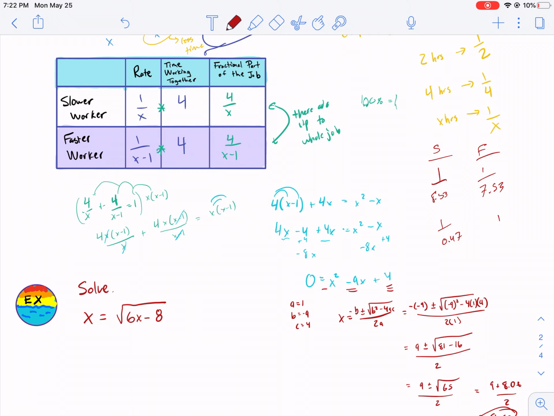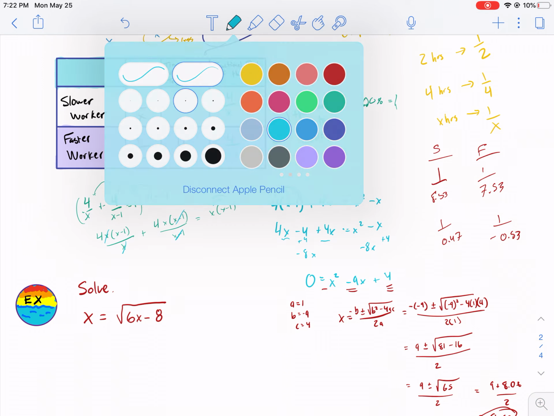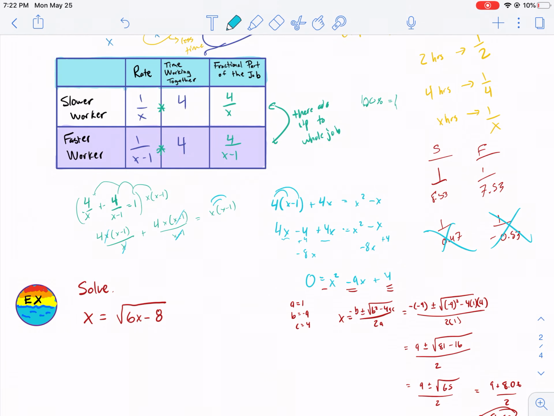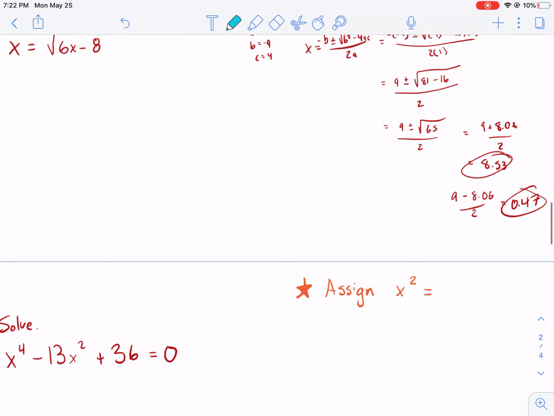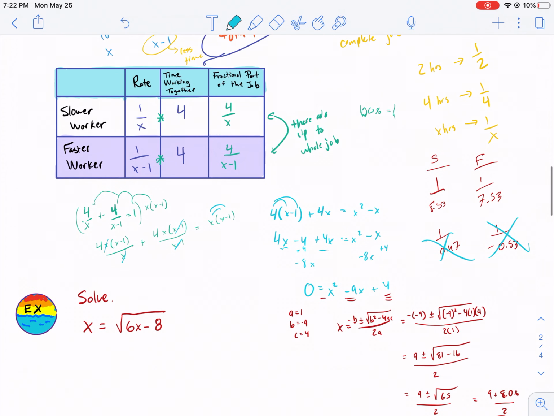The fast worker would be 1 over negative 0.47 minus 1, which is negative 1.47. So you can't have a negative rate. Because of that, we're excluding those answers. So our rate for the slow guy is 1 over 8.53. Our rate for the fast guy is 1 over 7.53. And there's our two answers.